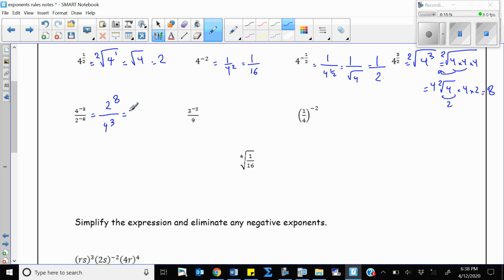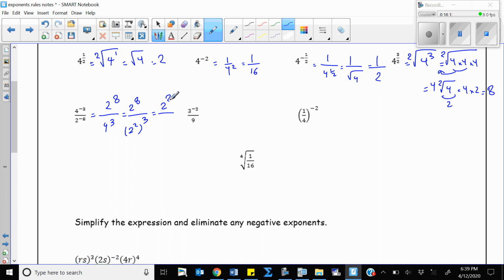Let's keep the top as 2 to the 8 and the bottom 4 is basically 2 to the 2. And then I have the power of 3 on the 4. So this is 4 to the power of 3. It will be 2 to the 2 to the power of 3.